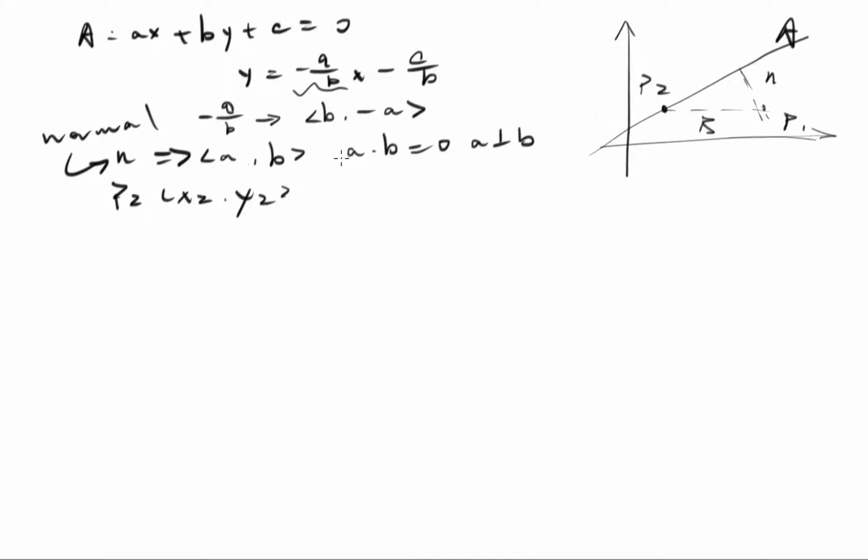Now there's another really important vector here, which is P2P1. How do we write it? It would simply be (x1 minus x2, y1 minus y2).